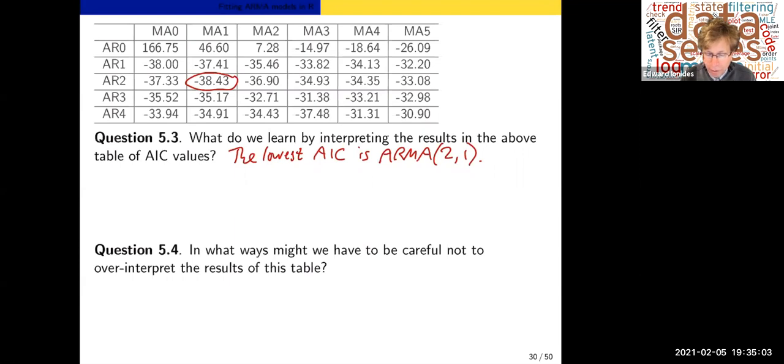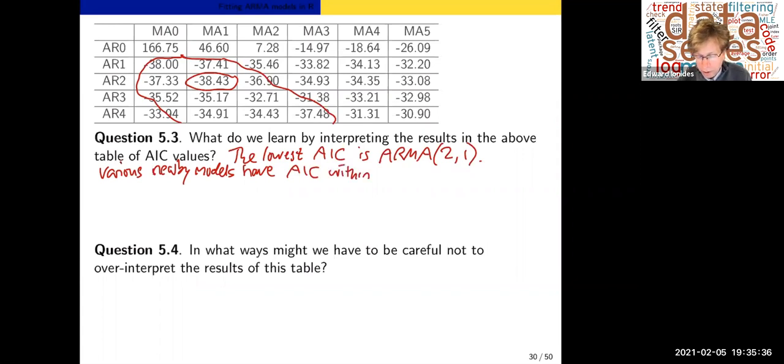But if you look in some sort of cloud around here, you have various nearby models that have AIC within a few units of ARMA(2,1).